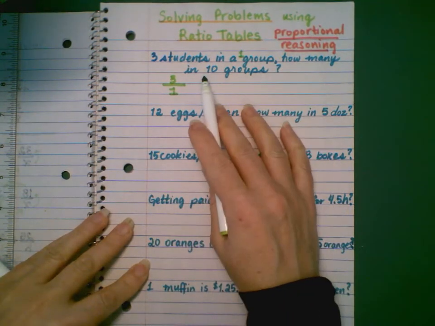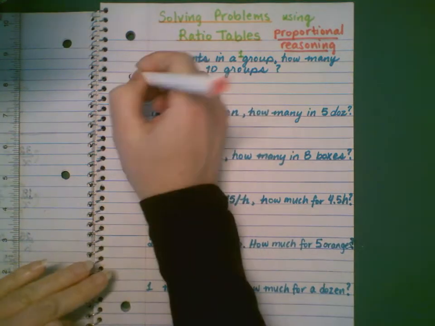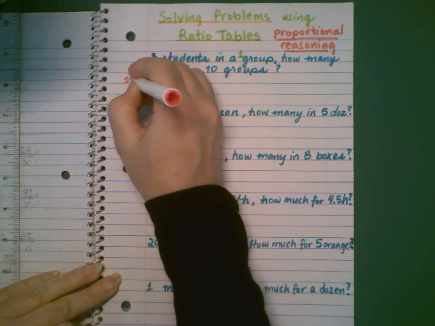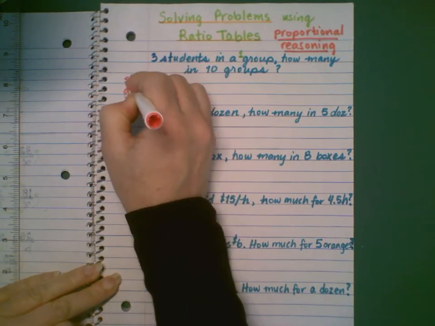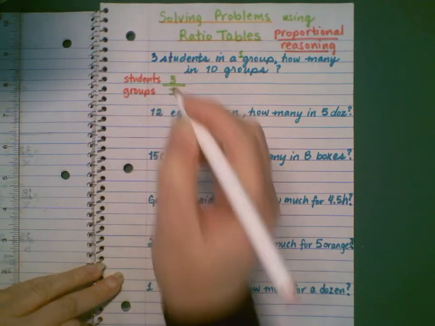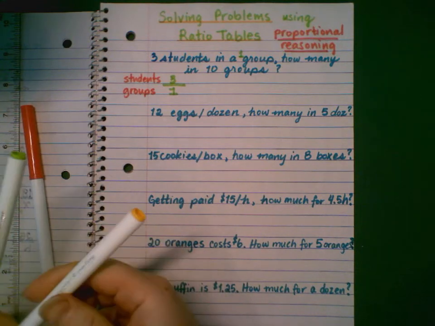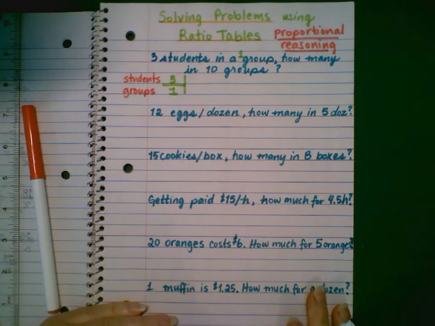And then the question's asking me how many do I have in 10 groups. So in this ratio table, I've got students and groups. Draw a line.